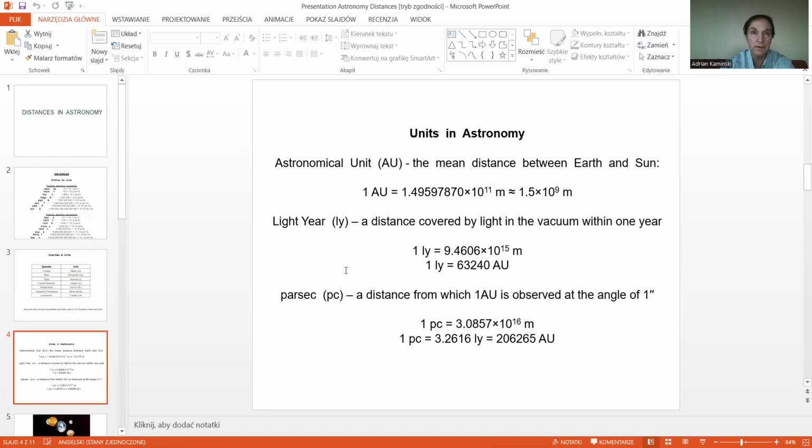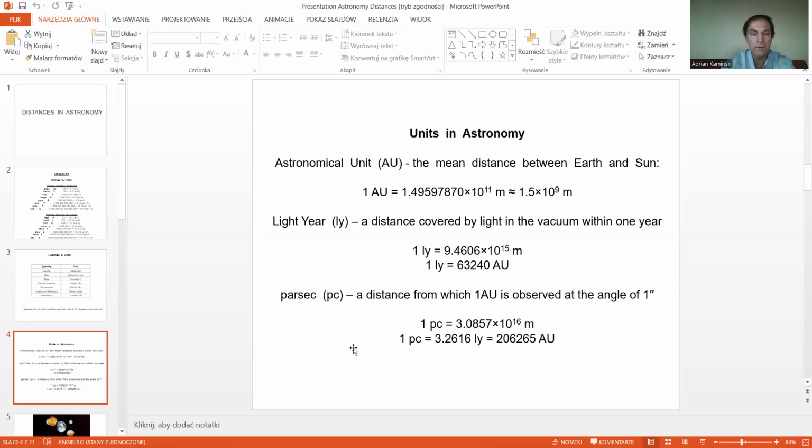Then again by 60, because 1 hour contains 60 minutes. Then 24 hours for 1 day. Then 365 days for 1 year. So the distance is huge. And here is how we can find it in meters or astronomical units.